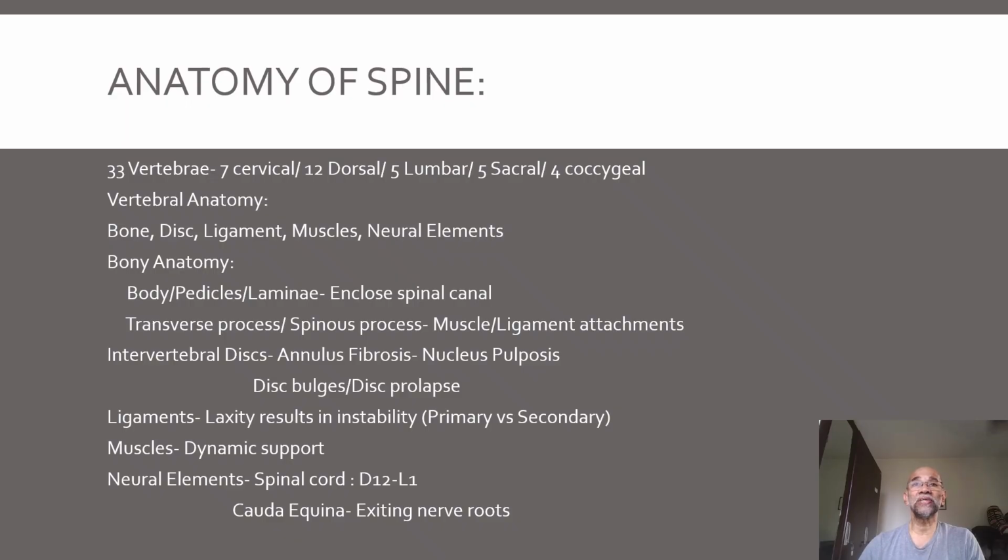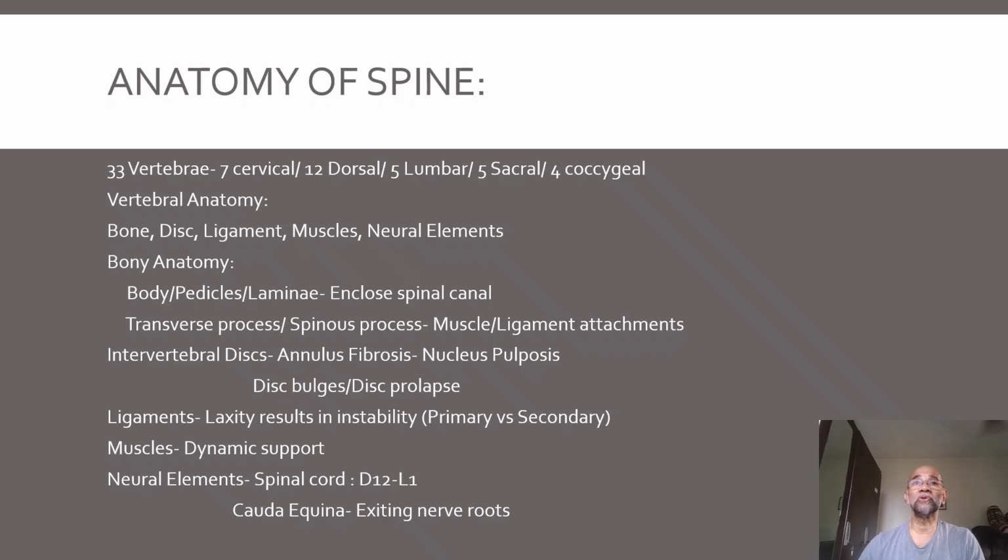Intervertebral discs are cushions between the vertebral bodies. They have a unique structure with an outer firm covering called the annulus fibrosus and an inner soft gel called the nucleus pulposus. When we talk about disc bulges, we are talking about degeneration of the annulus fibrosus resulting in a bulging.